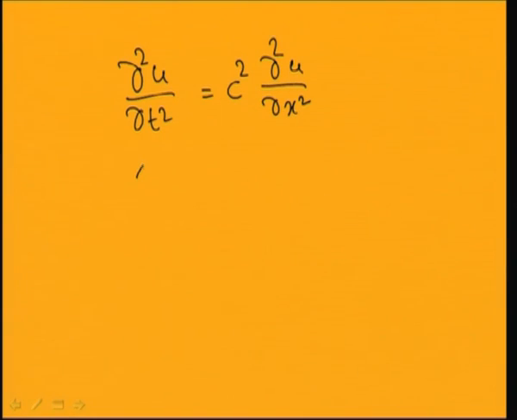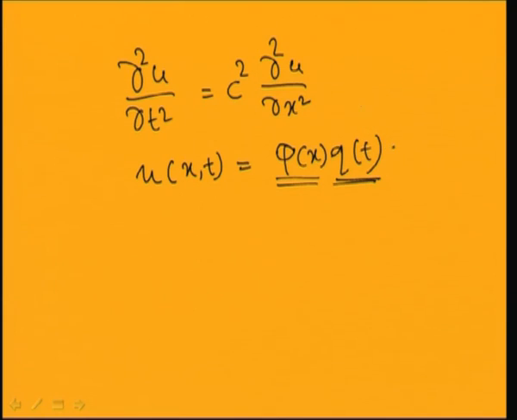Here u is a function of x and t, so I can write u equal to phi x into q t, where phi is a function of x and q is a function of t only.